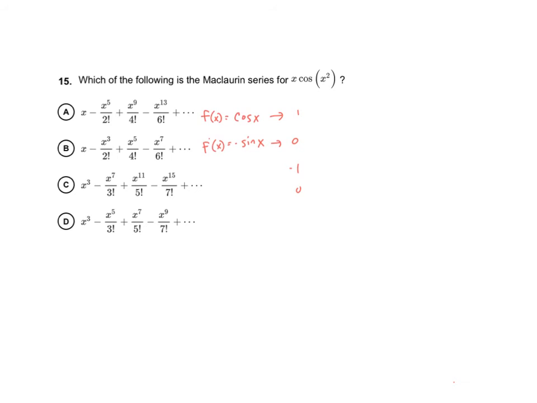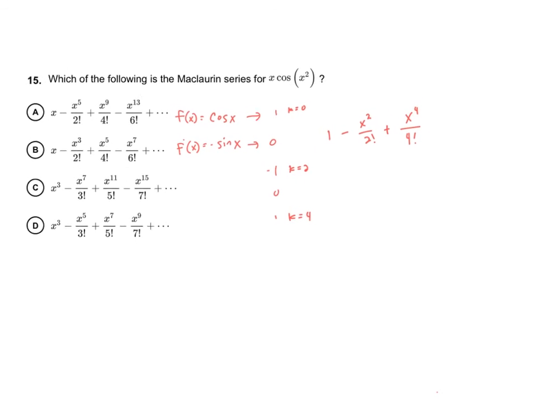When we write this out, it'll be 1. This is k equals 0. This next one is k equals 2, so this will be minus x squared over 2 factorial, and k equals 4 will be plus x to the 4th over 4 factorial. I think that's good enough.